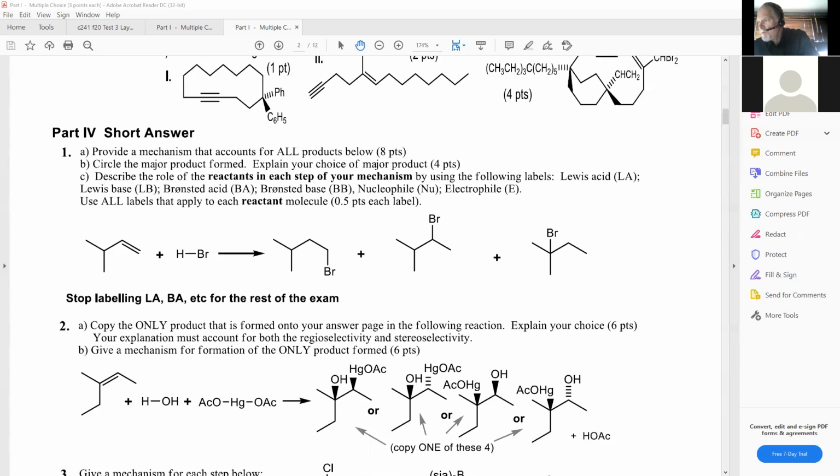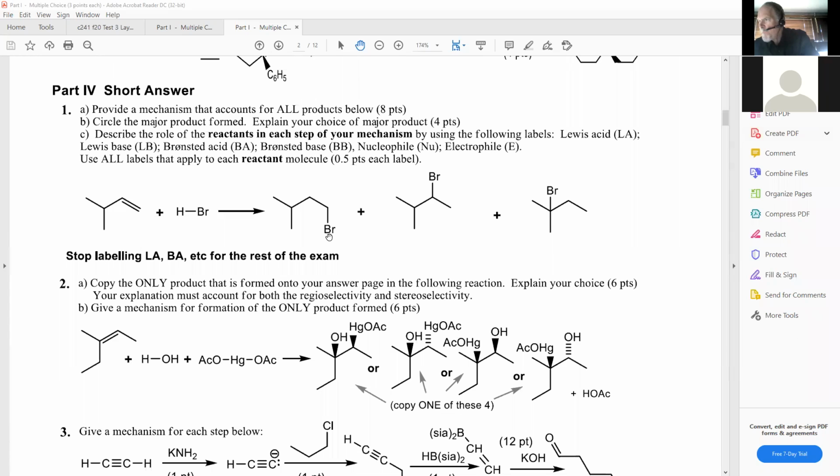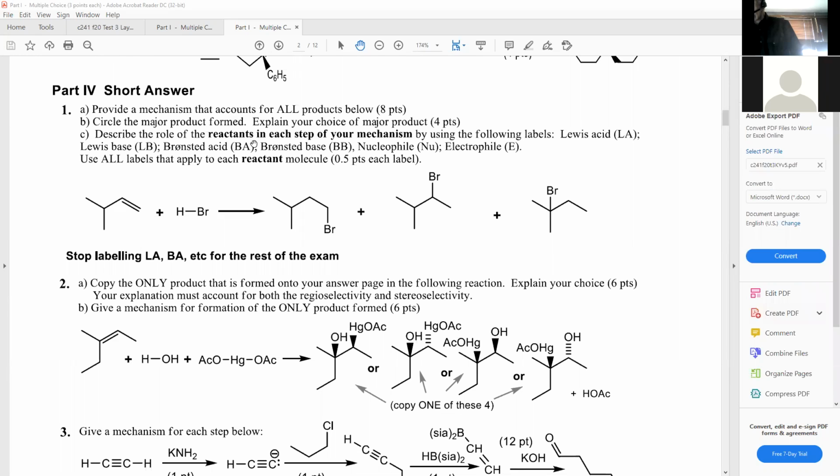Let me share my screen, show you what I got. Zoom screen. All right, moving through part 4, and we've got a nice one here. We're supposed to do the mechanism with labels. That's a nice introductory one. Yeah. Okay, let's start with that one.